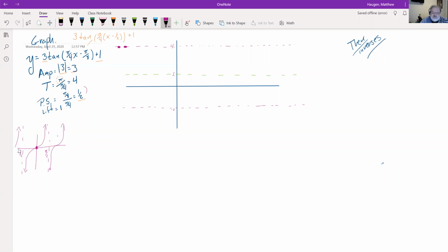But that phase shift of 1/2 is also going to move the function that way by 1/2. So it's going to go, let's say over here to 1/2. So that's this central point moving up and over because of the up and the over in our transformations.